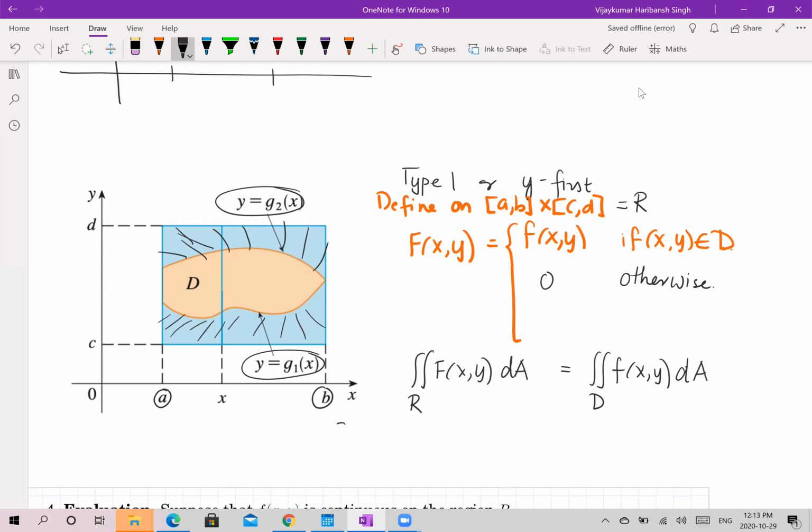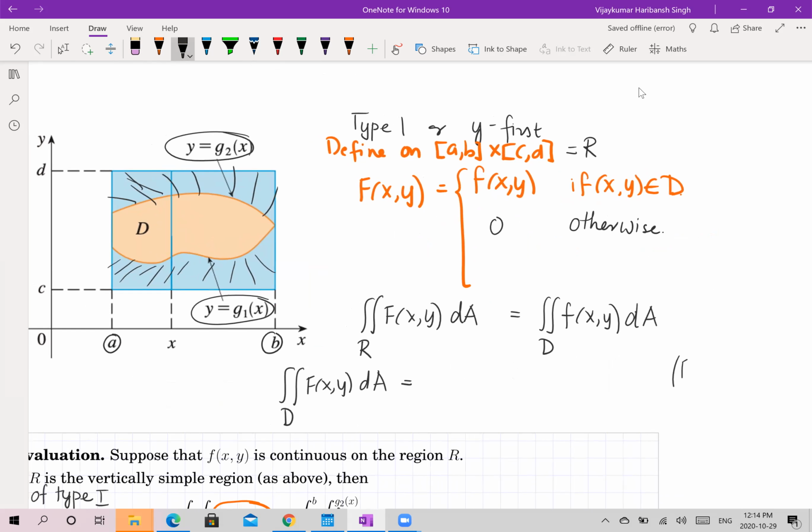Now, so we have our integral over D of f of xy dA. Now I will use Fubini's theorem. Fubini's theorem gives us the power to compute it as an iterated integral.